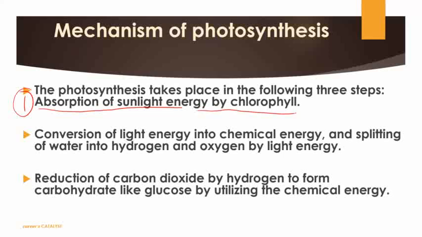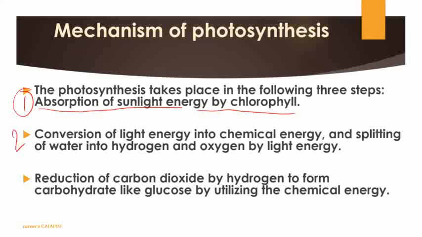Plants have a green pigment, we know about that. That is chlorophyll. This chlorophyll has the capacity to trap solar energy. So this is the first process completed by the plant in the mechanism of photosynthesis: absorption of sunlight energy by chlorophyll.